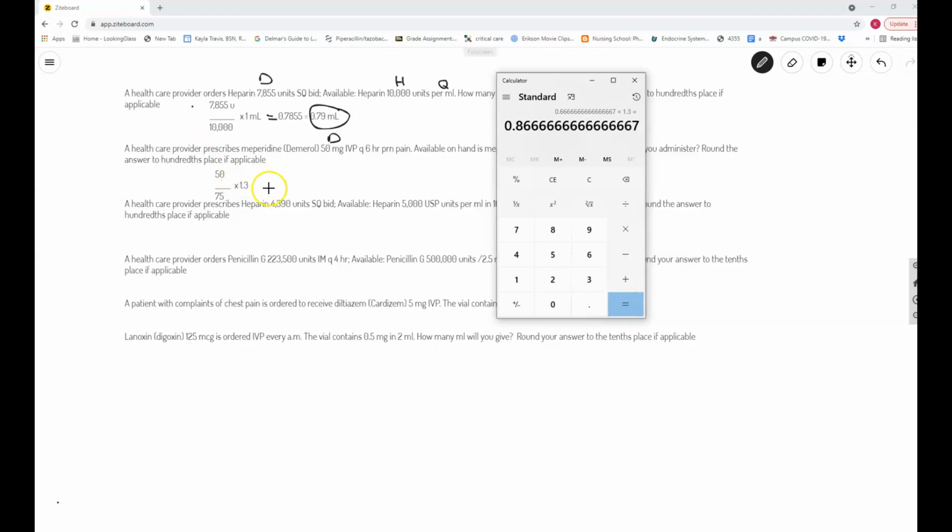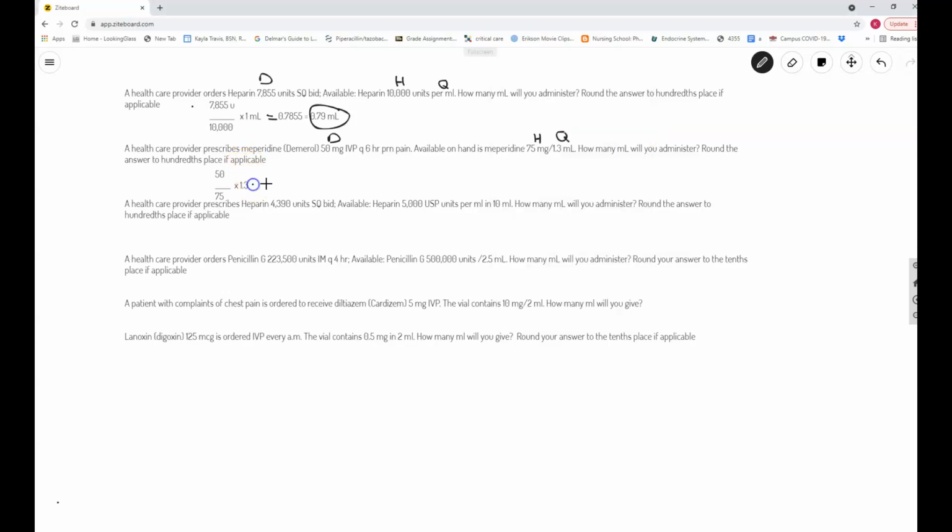So that gives me 0.8666 repeating all the way. So that's going to equal 0.8666 repeating. But it says to round to the hundredths place. So what is that going to equal when I round it? 0.87 mils. So that's my answer.